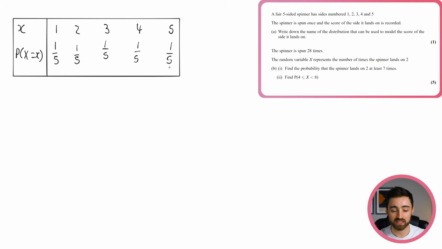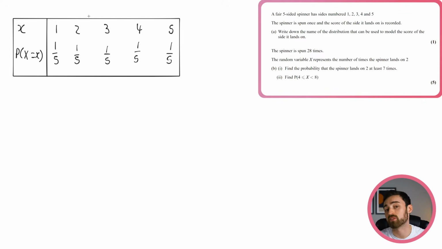There's a couple of things you need. The first thing is, is it discrete or continuous? Discrete means it can only take set values. Continuous means it can take any value. So a discrete distribution could be this, because it can only be 1, 2, 3. It can't be 1.5. Can't be 3.14268, can it? It can just be discrete values.